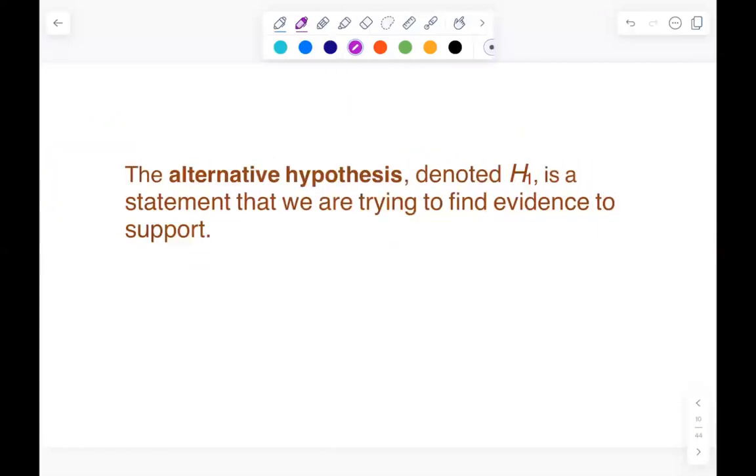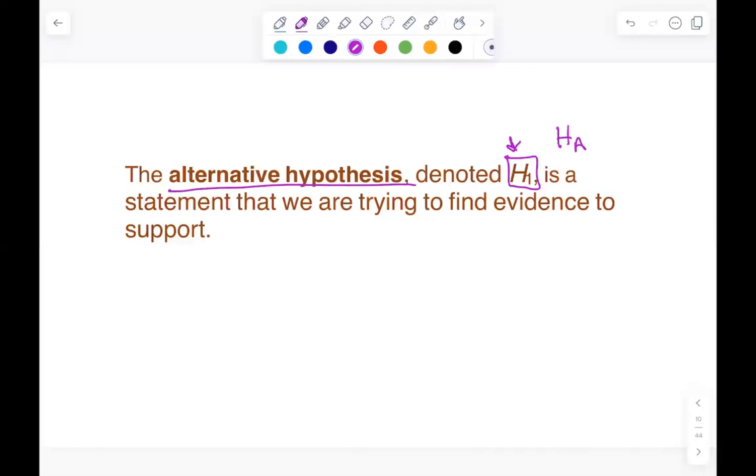Okay. Alternative hypothesis. This is H sub 1. In this class, you will only see it written as H sub 1. In some other classes, it is H sub A, just letting you know for future reference, like if you take a science class that uses these types of hypotheses. But for our purposes, we're going to use H sub 1. This is what we are trying to find evidence to support.